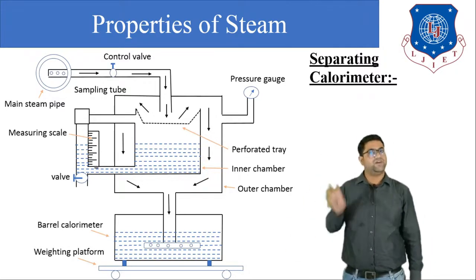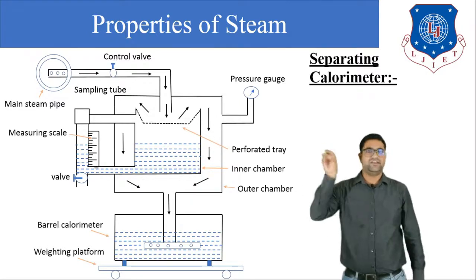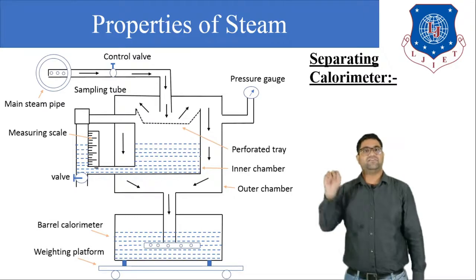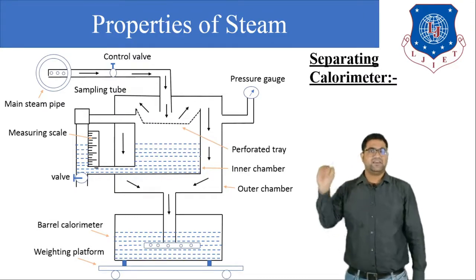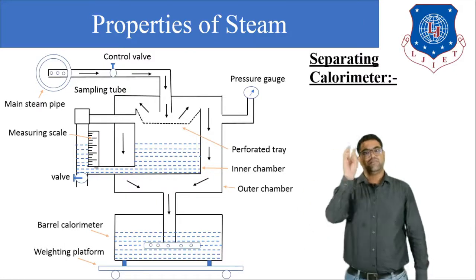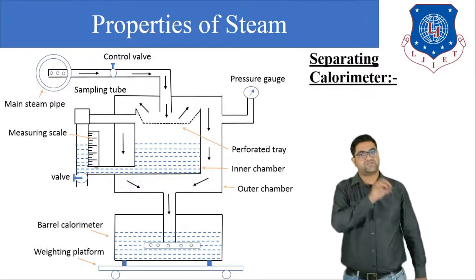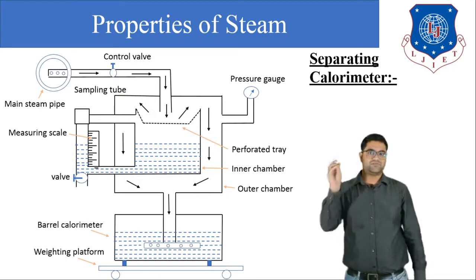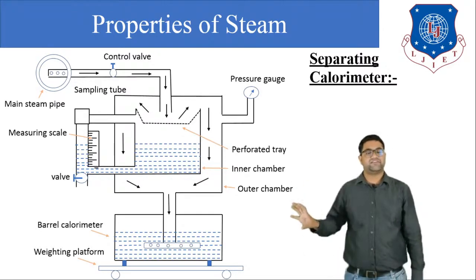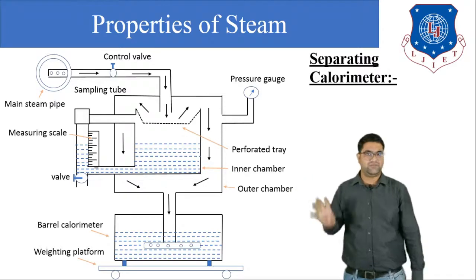So we have two values, the mass of water and the mass of steam. With these we can find the dryness fraction, as we know the equation of dryness fraction is equal to mass of steam upon mass of water plus mass of steam. So we can easily measure the dryness fraction for this separating calorimeter.